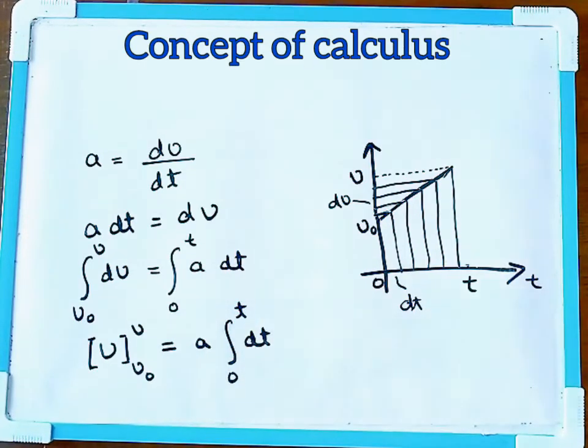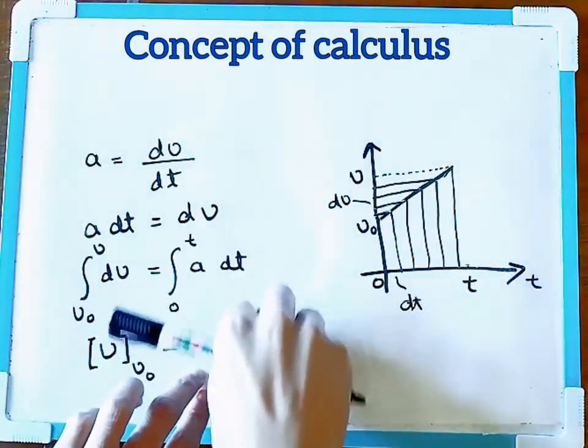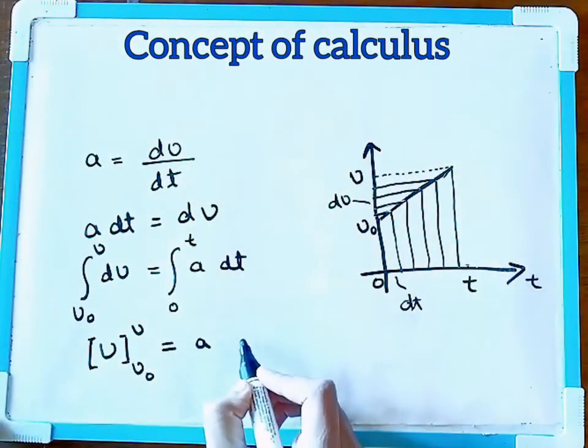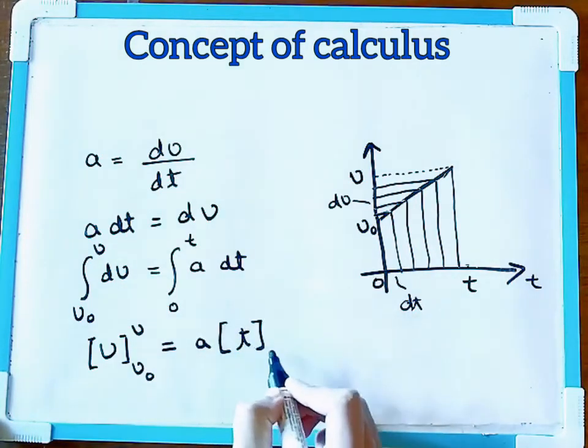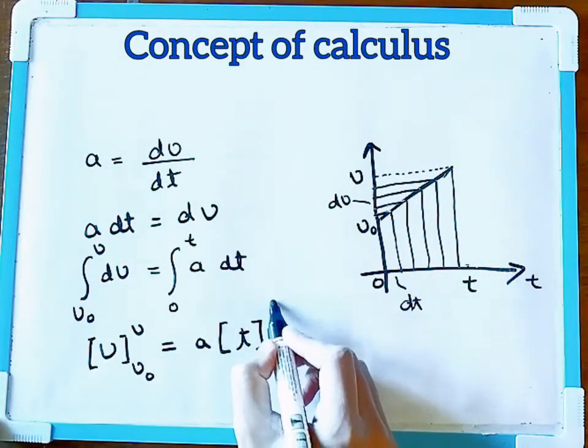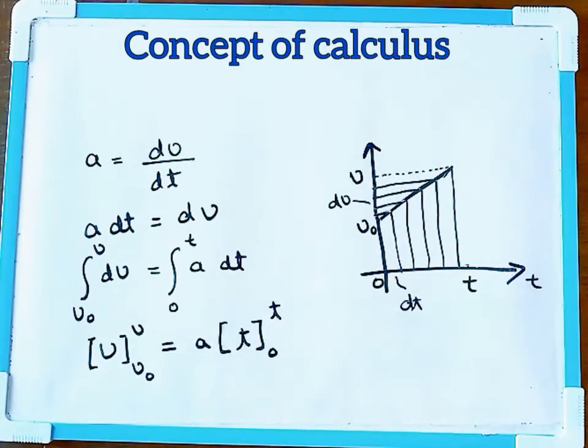Again here also, if you sum all the dt, what you get is the time interval t. And here I have to integrate from 0 to t, so I'll have to put the limits. I'll get t, but within the limit 0 to t. The next step is to put the limits.